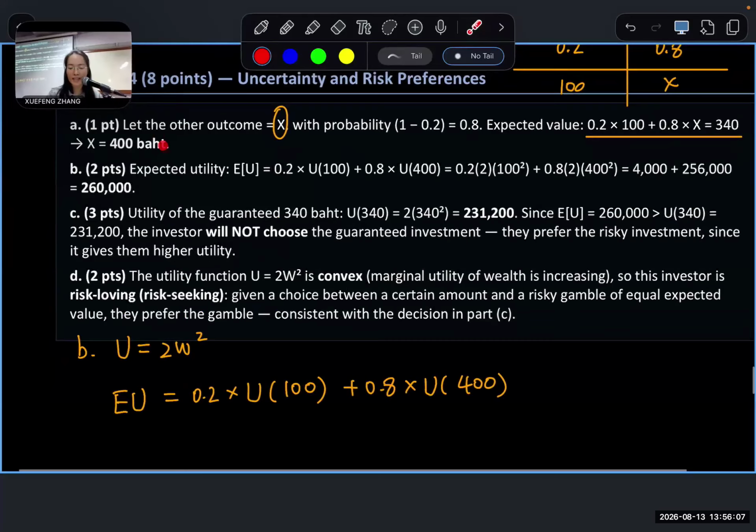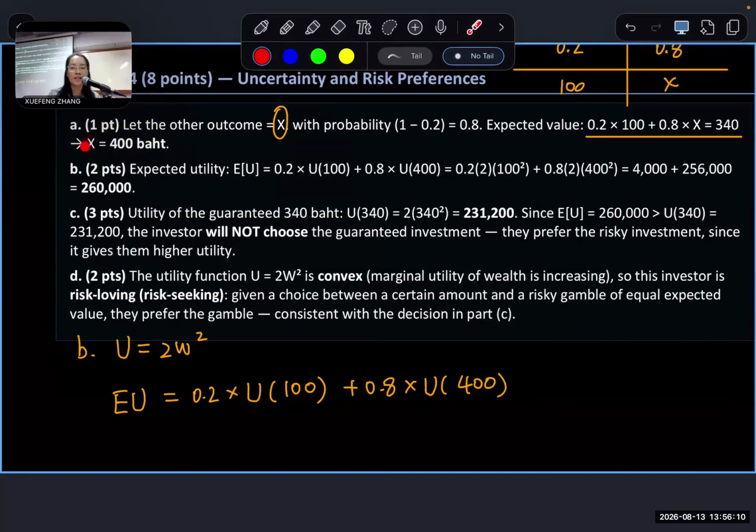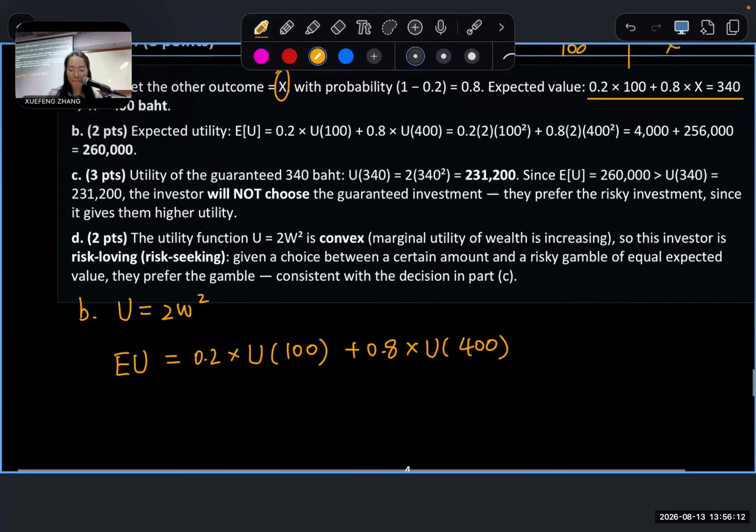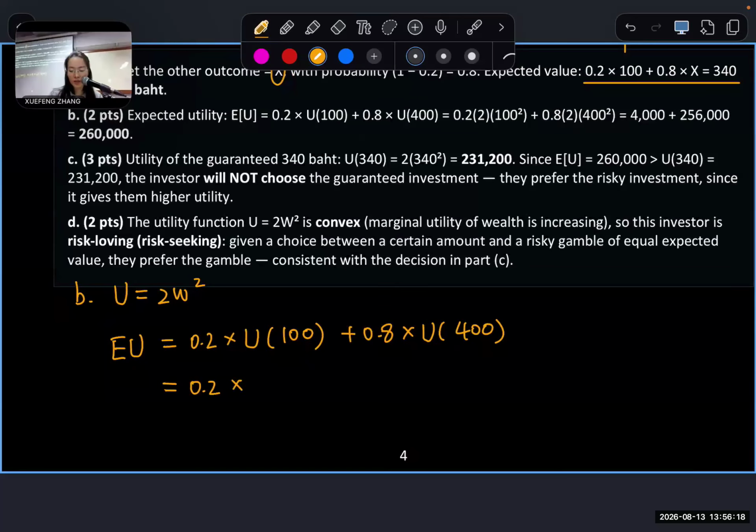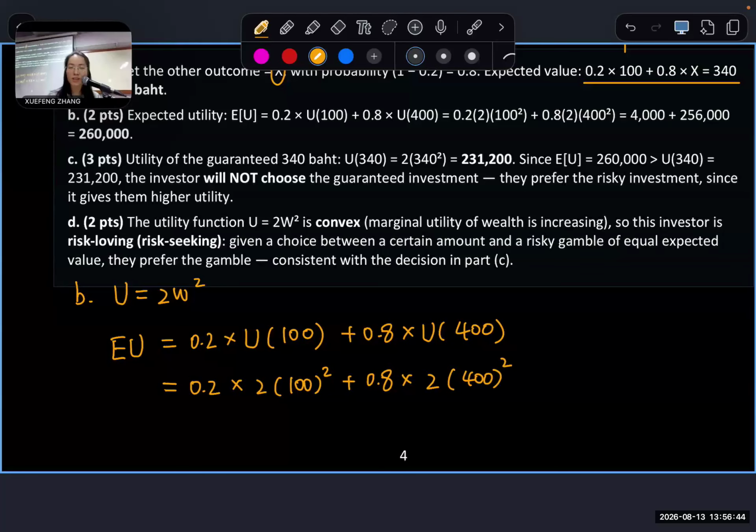This is the X that we calculated from question A. And then you just plug in 0.2 times 2 times 100 squared, right? You just plug in 100 into this utility function plus 0.8 times 2 times 400 squared, right?